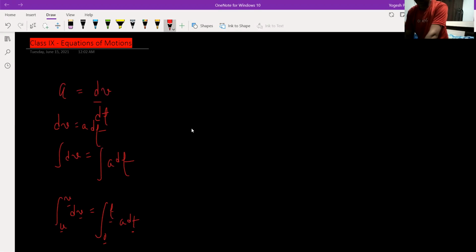Now after this you need to integrate, so integration of dv can be written as v, and the limit is from u to v, is equal to, this a will come out because a is constant here, and integration of dt will be equal to t, from 0 to t.